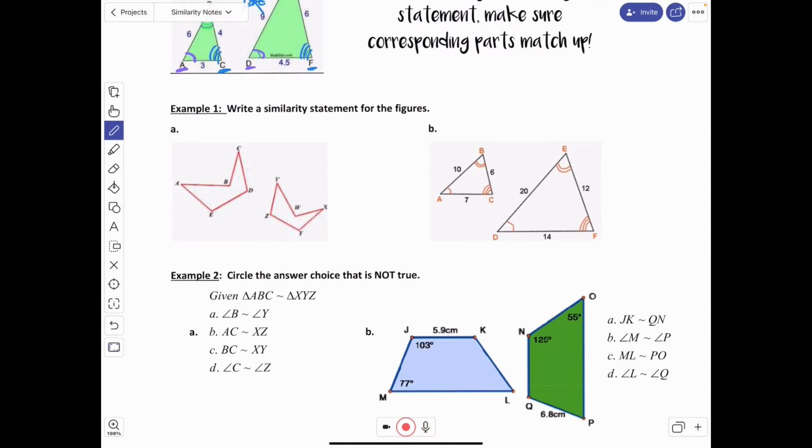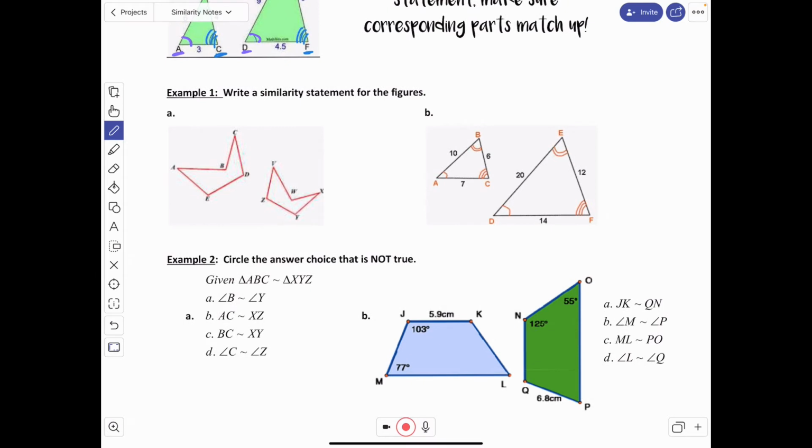Okay, so write a similarity statement for the figures. So for the first one here, it doesn't matter the order that we name our first shape. But what does matter is that you go in a rotation, like in a circular pattern. So if we start with A, it doesn't matter which direction you go, but if you go from A to B, you can't jump around.